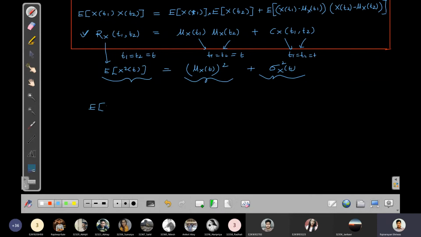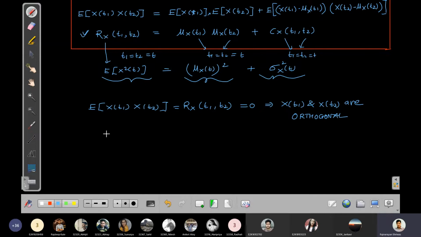So there we talked about correlation. So when you say correlation, this correlation depends on t1 and t2. If it is 0, then we say this xt1 and xt2 are orthogonal to each other.